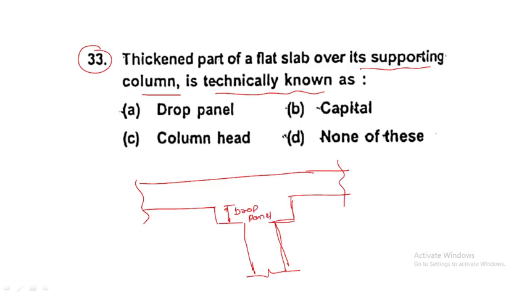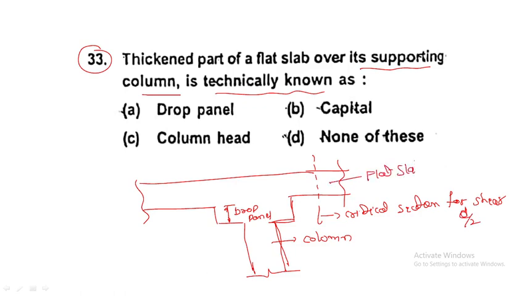This one is the column. And this is the critical section for shear, which is at d by 2. This is the flat slab. I think you got the idea what the drop panel, capital, column head and all of this are.